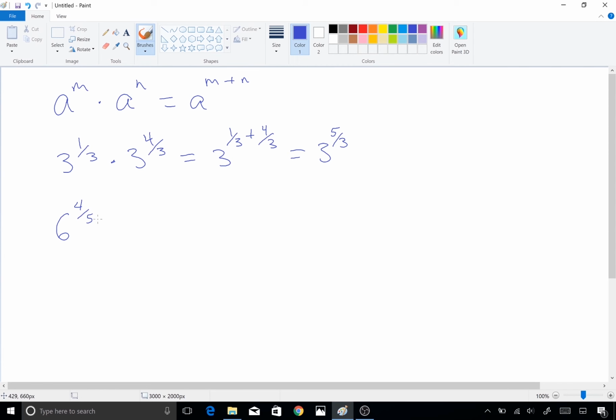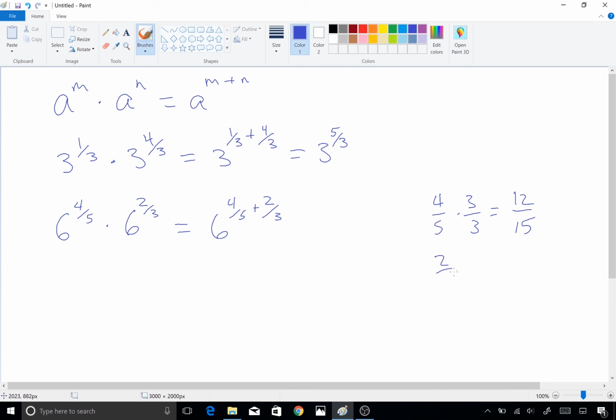6 to the 4/5 times 6 to the 2/3 would be 6 to the 4/5 plus 2/3. The common denominator for 5 and 3 will be 15. So I would want 4/5 times 3 divided by 3, and that's 12 over 15.